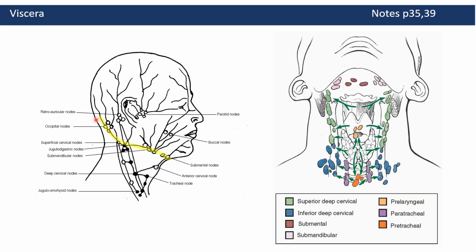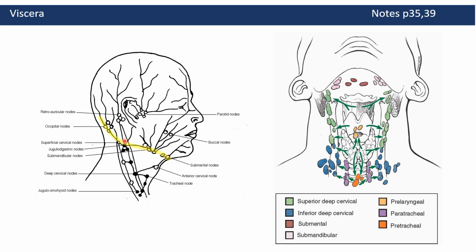In terms of lymphatics, there's a superficial ring of lymph nodes that go around the mandible and over towards the occipital part. I've drawn these in yellow here. They include the occipital nodes, the superficial cervical nodes, the parotid and submandibular nodes, and the submental nodes.